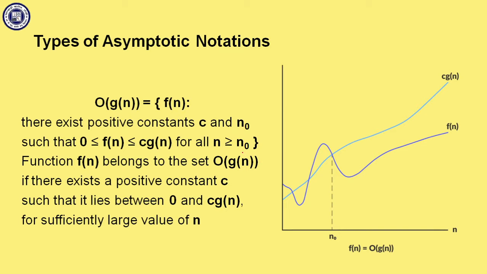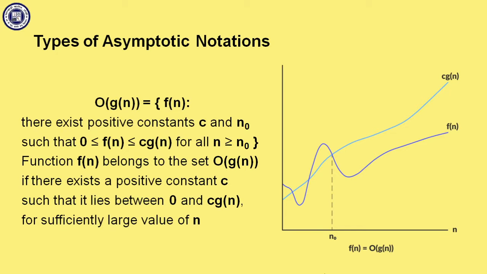Hence, the function f of n belongs to the set big O of g of n if and only if there exists a positive constant c such that it lies between 0 and g of n multiplied by the given constant for sufficiently large values of the input size n.